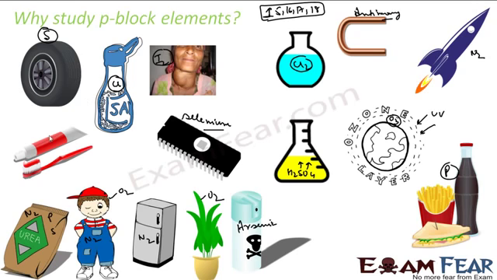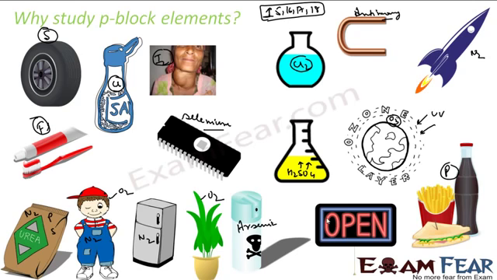Toothpaste has a lot of fluorine, which is a P block element. The lighting you see in a lot of shops uses neon or helium. They are all P block elements.